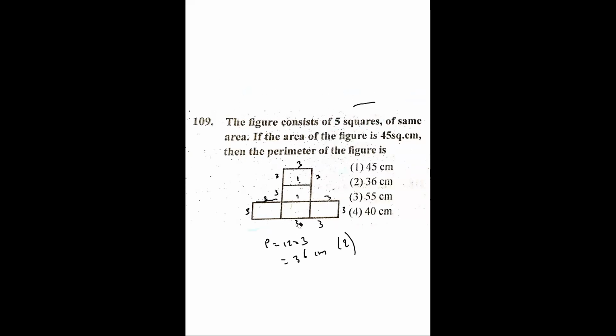So in question number 110, sorry, question number 110: the sum of first 40 positive integers divisible by 6.